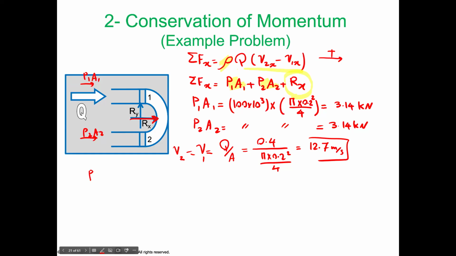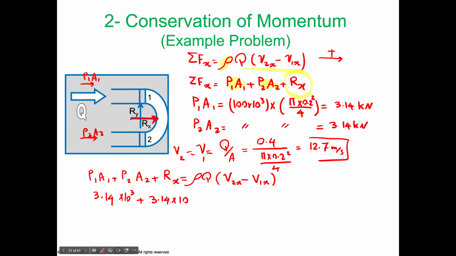So P1A1, P2A2, Rx equal to rho Q. That's all I have. P1A1, 3.14, that's kilo.